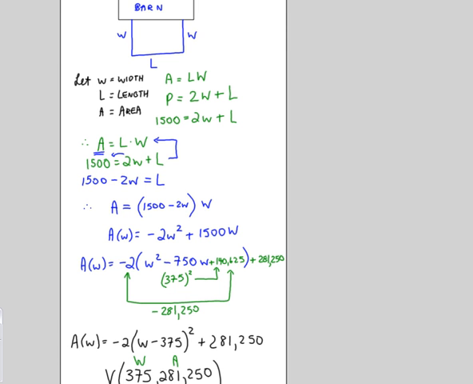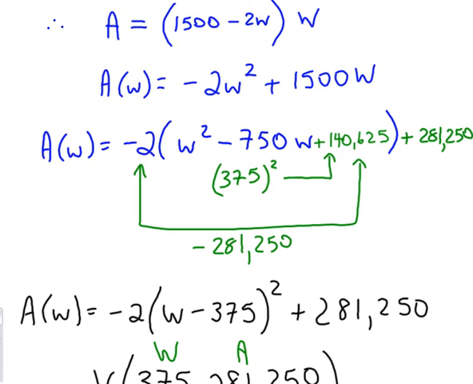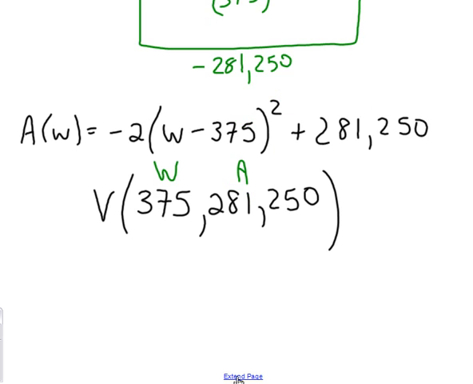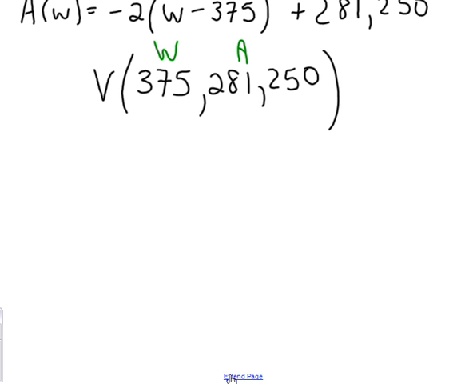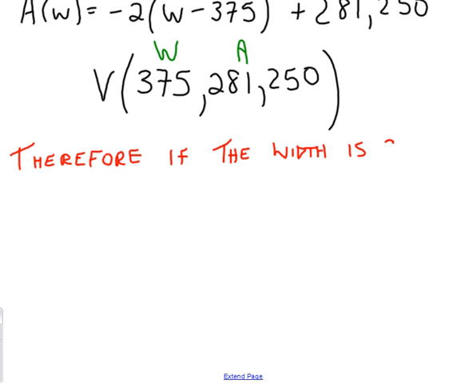So, therefore statement. Therefore, if the width is 375 meters, I'm assuming, then the length is, now you have to substitute back.